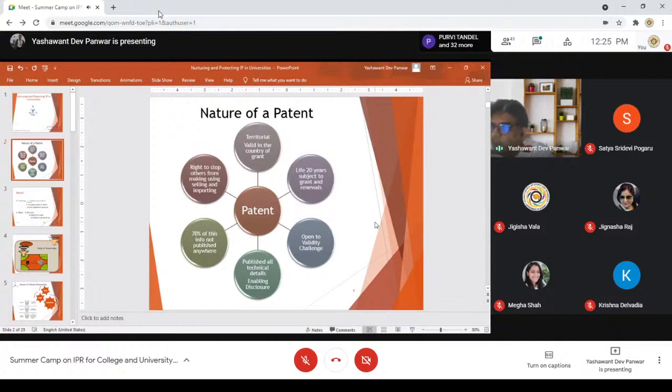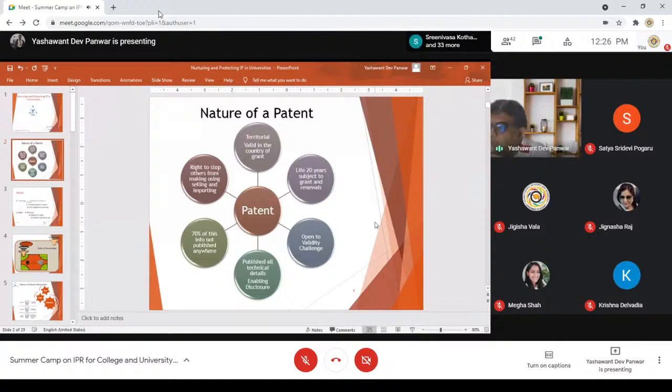And it is well researched and documented that 70% of the technical information which gets published in patent documents never gets published anywhere else. So if you are not looking at this information, then you are missing out on a very, very important input into research and development in institutes of higher education.